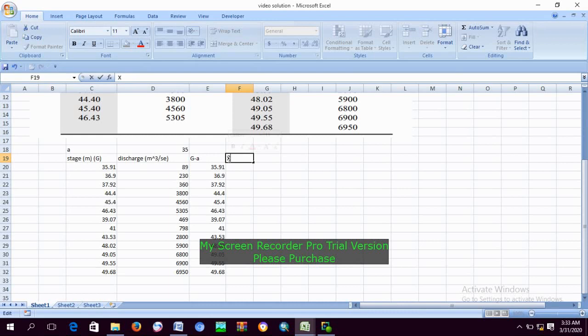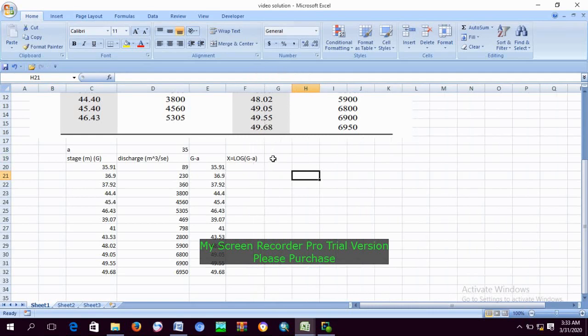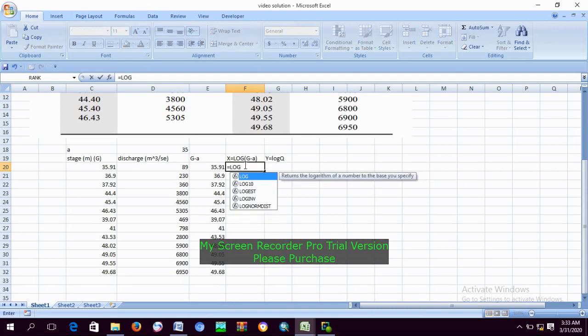We can proceed: x is equal to log of open bracket G minus small a, and also y is equal to log Q. So it is G minus a, and we can find the logarithm value by using this, equal to log, and double click.